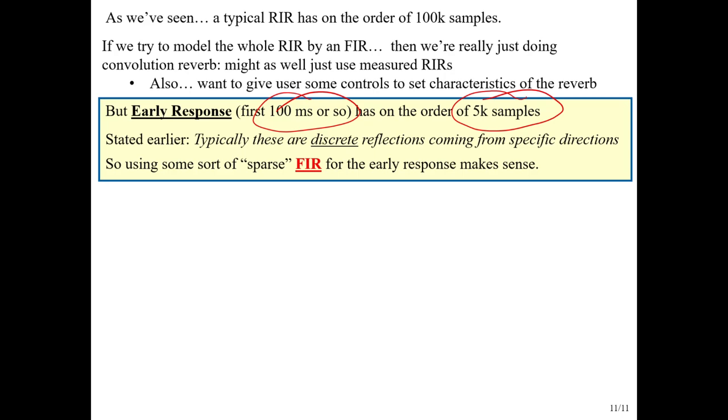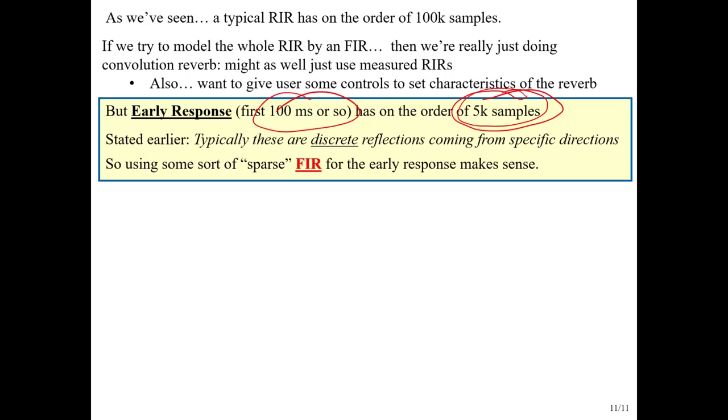We saw the picture where the early reflections are not very closely spaced together compared to the spacing in the actual late reverb response. So we may have 5,000 samples in that early part, but only a fraction of those samples of the impulse response will be a significant non-zero number.